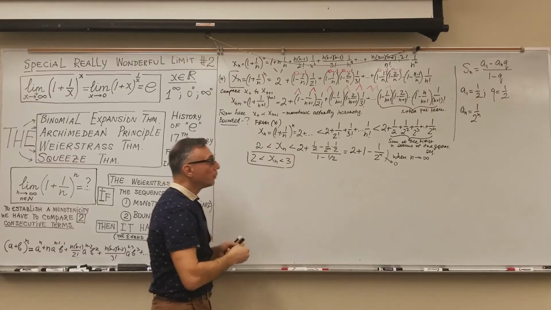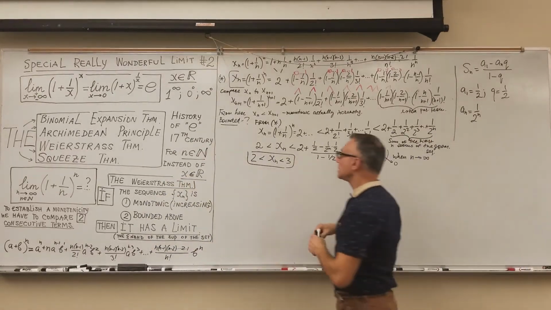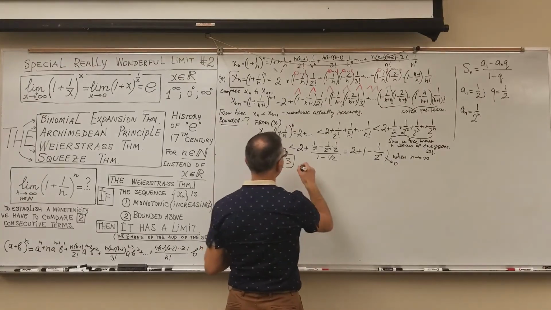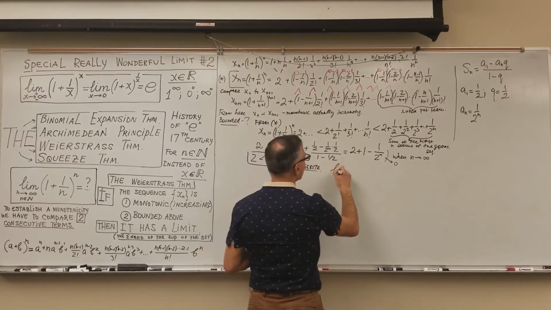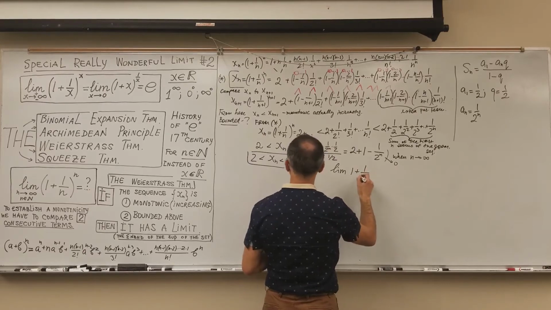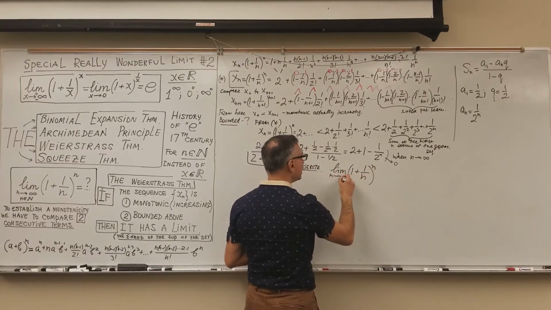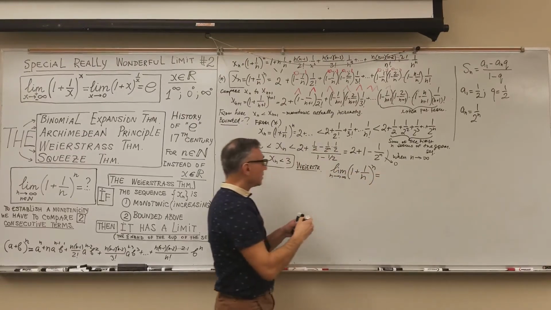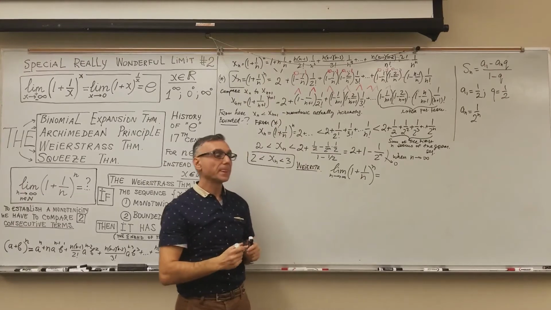We just proved that it is bounded above, which means, according to Weierstrass' theorem, that the limit of (1 plus 1 over n) to the power of n, as n goes to infinity, is a number, which is the limit. It's closer to 3.